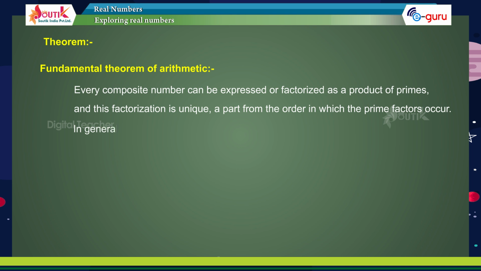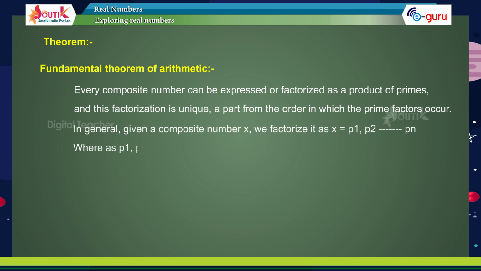In general, given a composite number x, we factorize it as x equals p1, p2, and so on, pn, where p1, p2, and so on to pn are primes written in ascending order, that is, p1 is smaller than p2, p2 is smaller than p3, and so on up to pn.